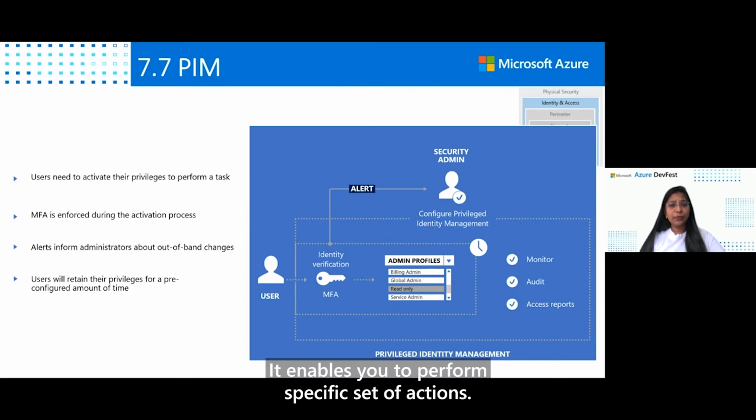It enables you to perform a specific set of actions, for example, time-bound access to a resource using start and end dates, providing just-in-time privileged access to the resources, enforcing MFA to activate any role, or performing access reviews. Please note that enabling privileged identity management does require a P2 license or E5 license for you to work.